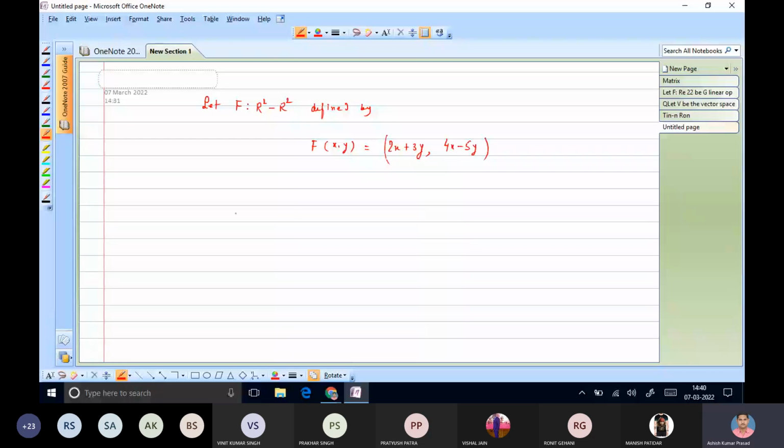Then I have to find the matrix representation of F with respect to S, where S is given by U1, U2, and U1 is my 1, minus 2 and U2 is my 2, minus 5. Okay. So this is my question.